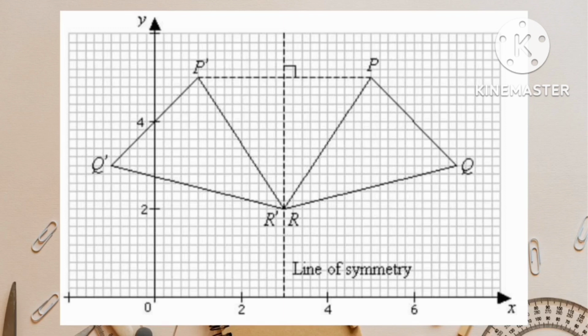The orientation is laterally inverted, that is, they are facing opposite directions. And the line of reflection is the perpendicular bisector of the line joining any point and its image. All the points on the mirror line are not changed. These points are said to be invariant. R is an invariant point in the above diagram.